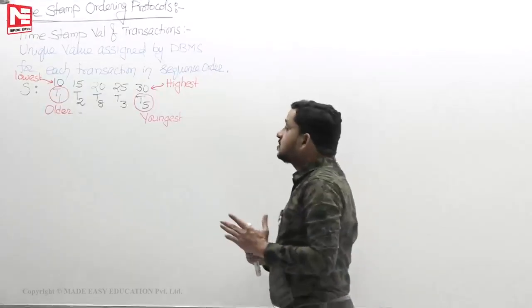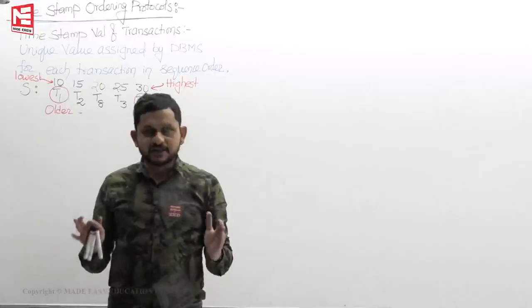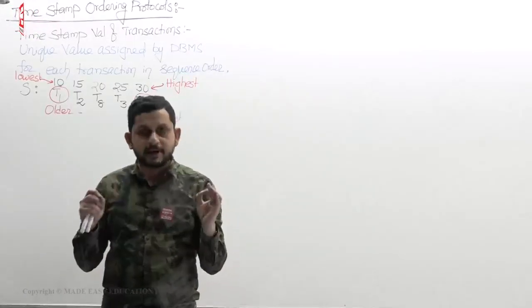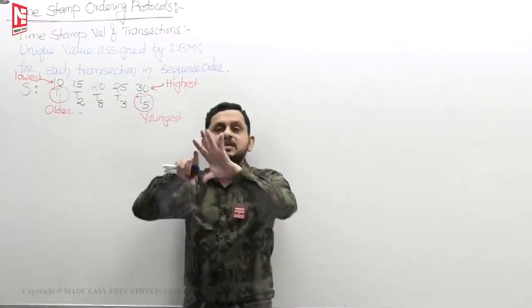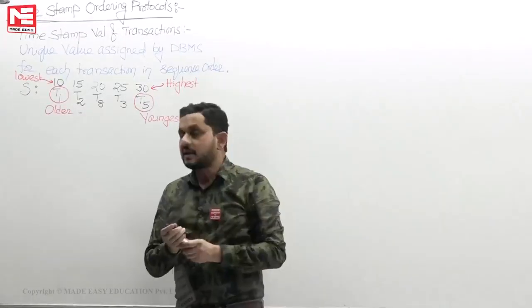Clear this one? So this is about the timestamp value. It's a unique value assigned by DBMS for each transaction in one proper sequence order. Clear this? Next.